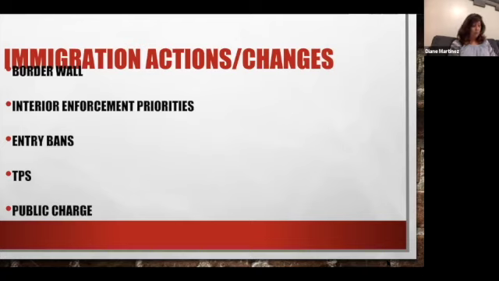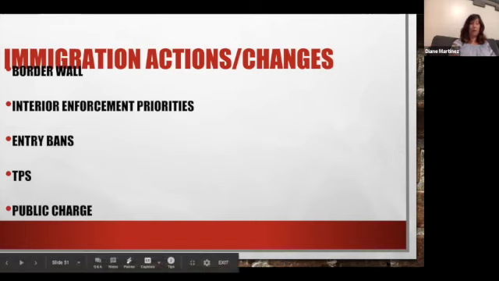Public charge. The public charge rule is going to apply to family visas only. When somebody applies for a relative, they determine whether the relative is likely to become a public charge, meaning whether they're likely to use public benefits.